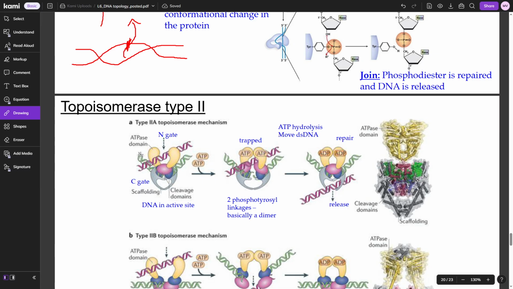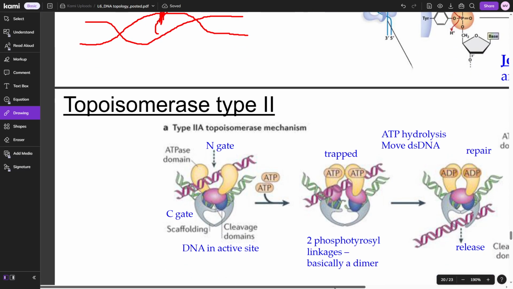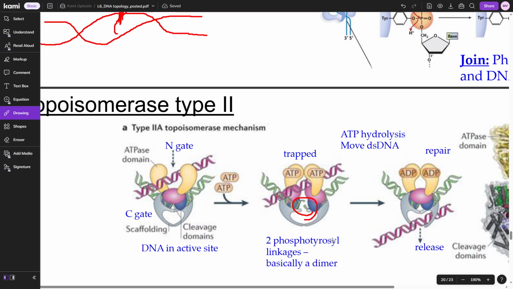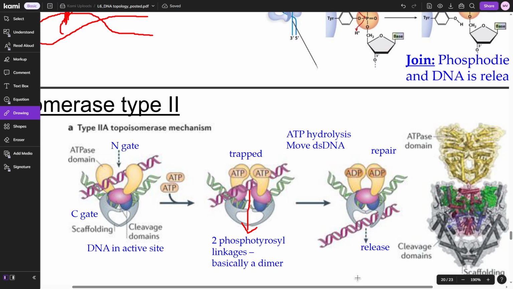So you can see here, this green and this purple. You can see here that the green is kind of there. We've put some ATP in there, and that ATP is used to snap the green here in two. And then once it's been snapped in two, this purple is pulled through. You can see that right there, right?